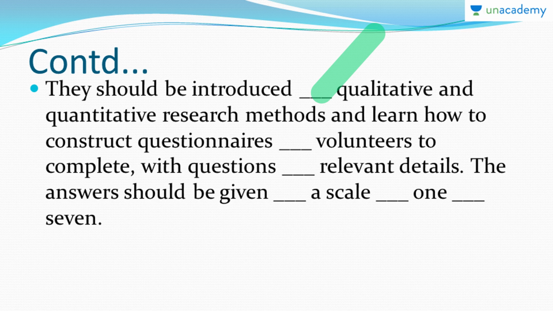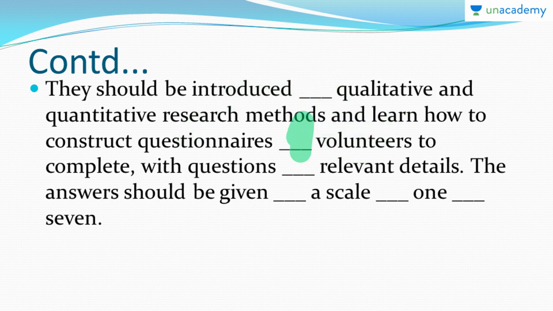And learn how to construct questionnaires ___ volunteers to complete with questions ___ relevant details. This one is a bit tricky, so we have: learn how to construct questionnaires for volunteers. This questionnaire is constructed for these volunteers, and that is why we have the preposition "for" here.